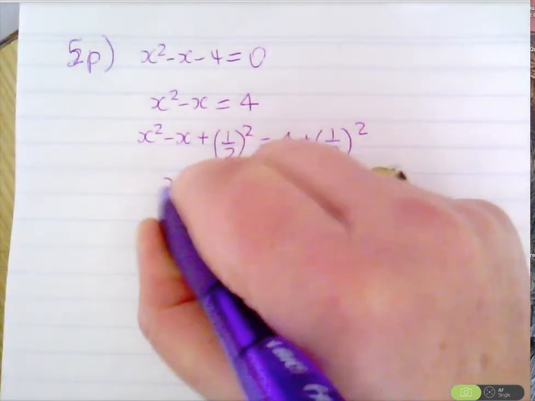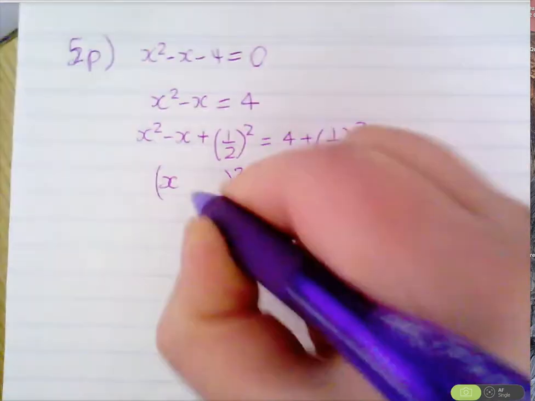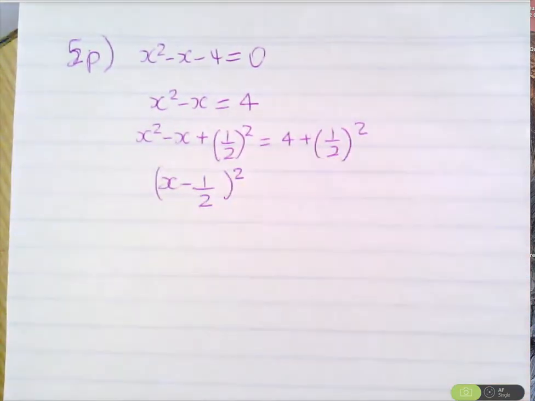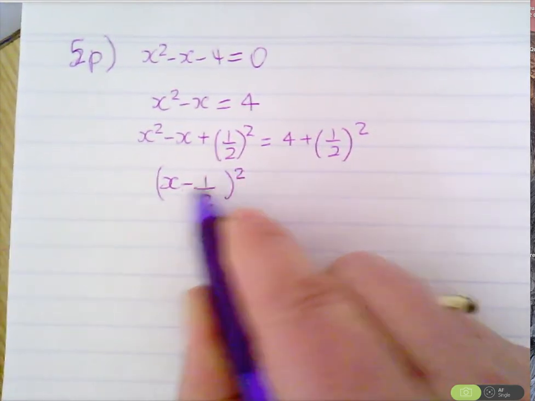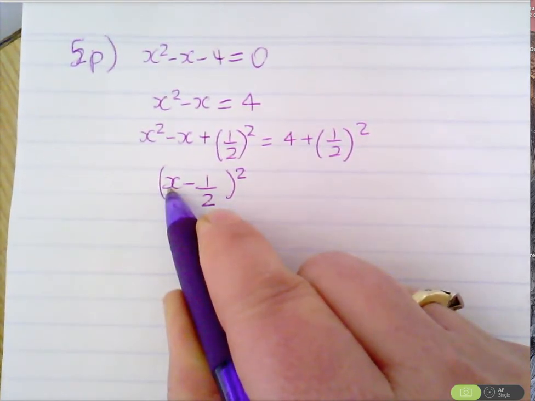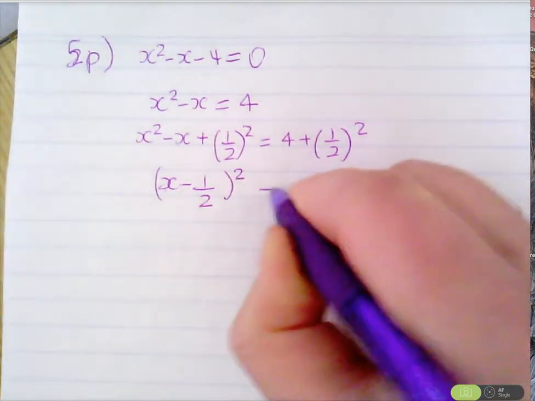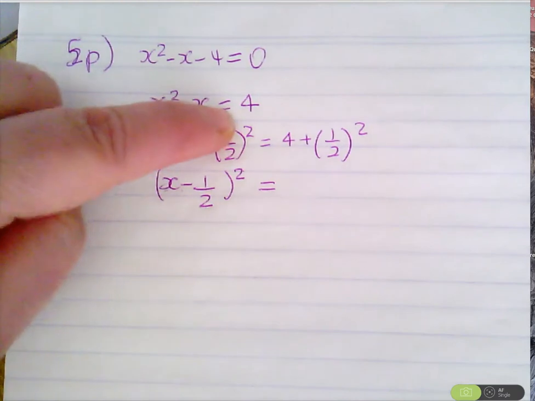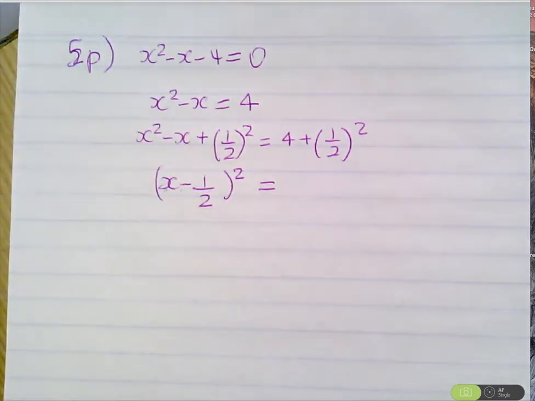Don't forget to square whatever you're doing. So what have we got here? How do I write that as a perfect square? x minus a half squared. Because that would be x squared minus 2 times a half times x, which is minus 1x, and a half squared is a half squared. Girls, the idea of writing it out like that is so that you can go straight to the next row. All right, what's 4 plus a half squared?